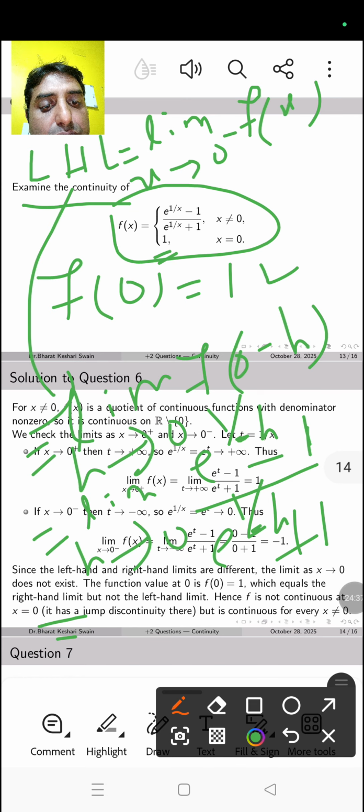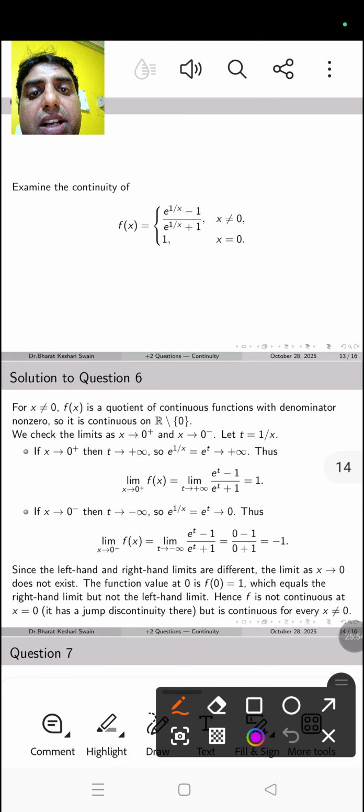Similarly, come to your right hand limit, RHL. So right hand limit means limit x tends to 0 plus f(x). Now that is equal to, using your working formula, limit h tends to 0 f(0 plus h).